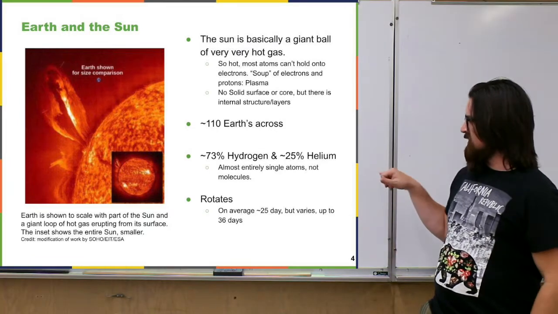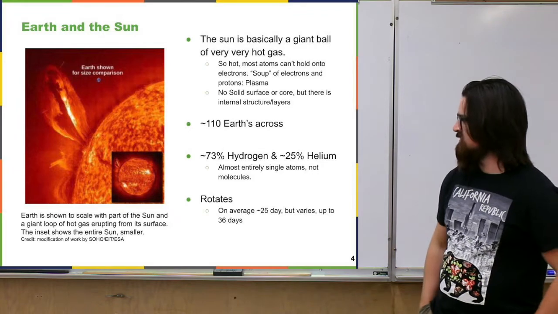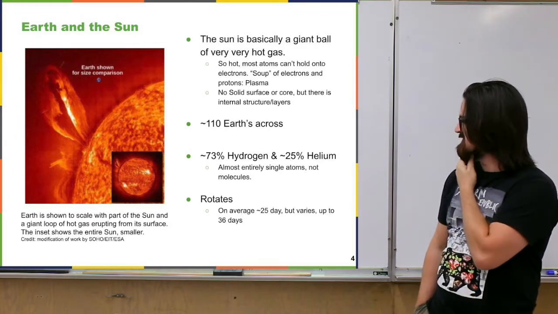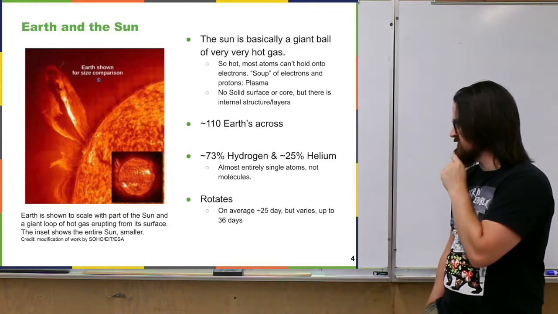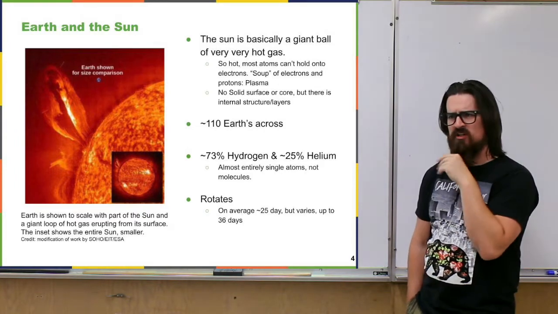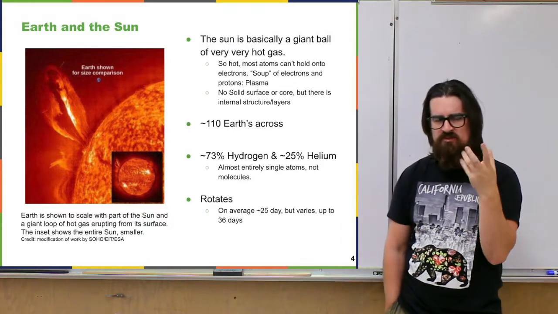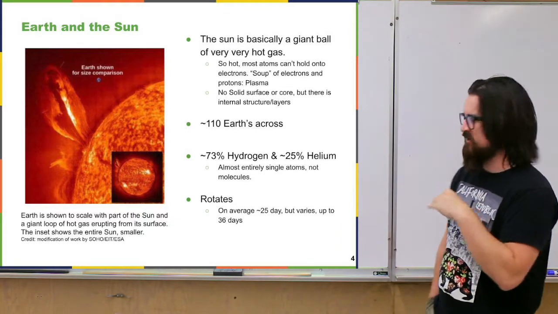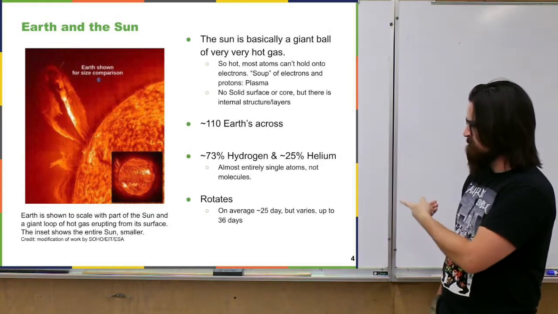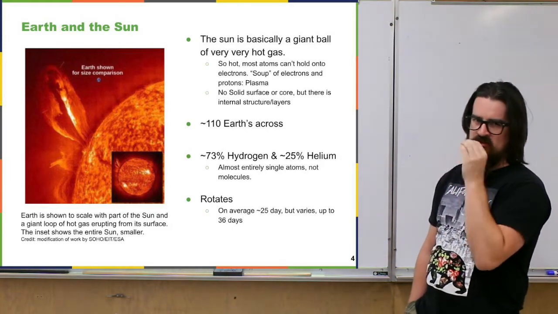So look at here, the composition of the sun, three quarters of it, almost 73%, is hydrogen. And about 25% is helium, right? And then just a couple of percent of other things. I think some carbon, some nitrogen, some of the more simple elements, low proton number elements. And for the most part, all the stuff in the sun is single atoms.